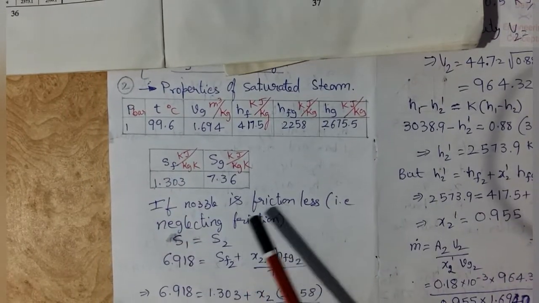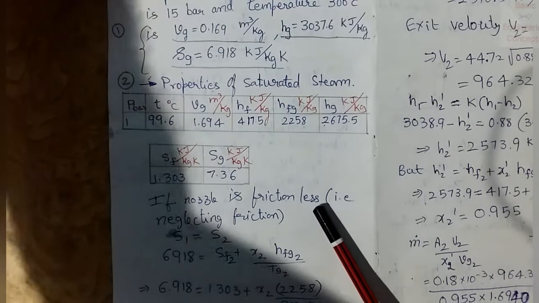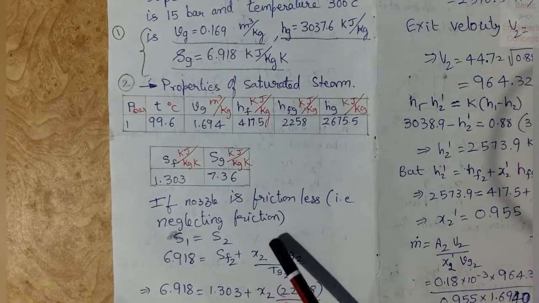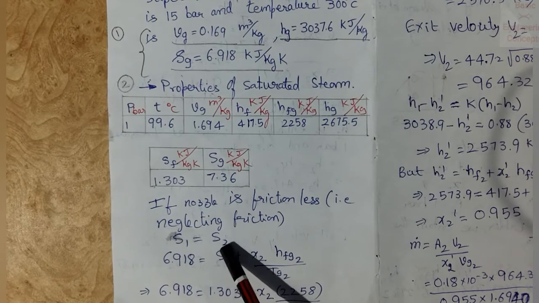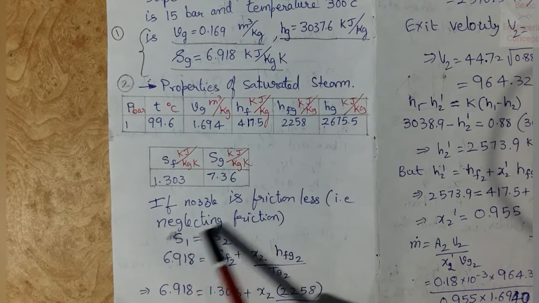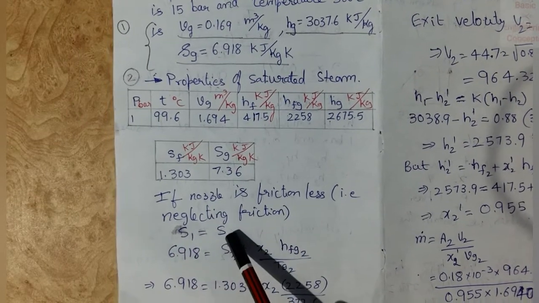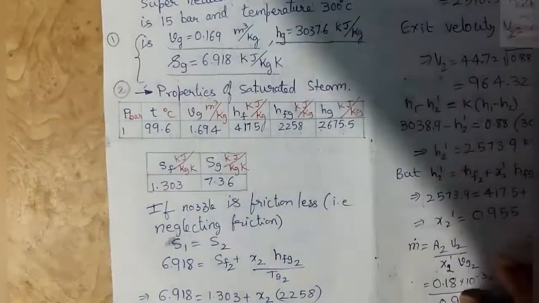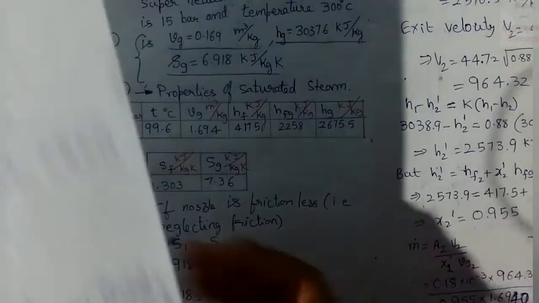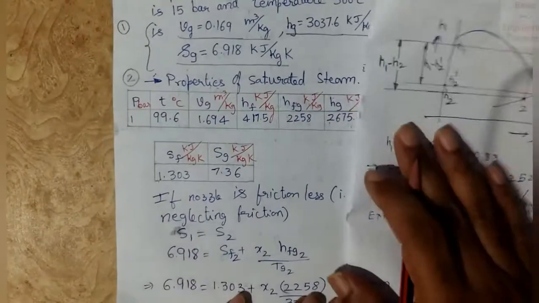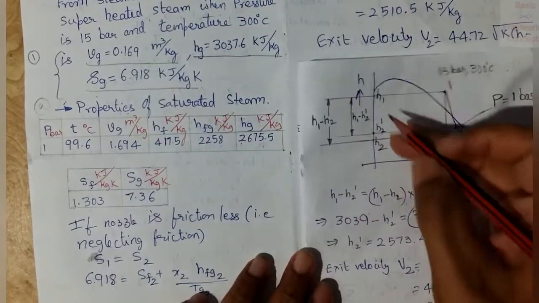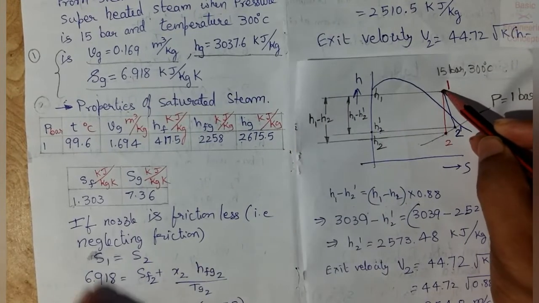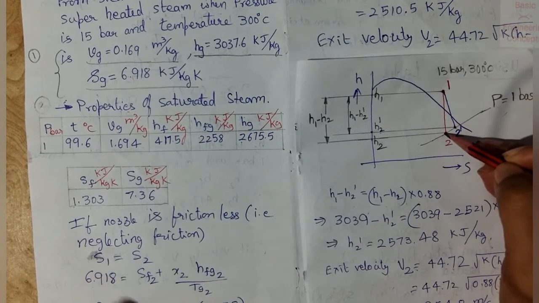Next, if the nozzle is frictionless, when solving this problem, that is S2. If the nozzle is frictionless, neglecting friction, S1 is equal to S2. So we got this value S1 and the S2 value is this. Equating S1 and S2, we get the X2 value.